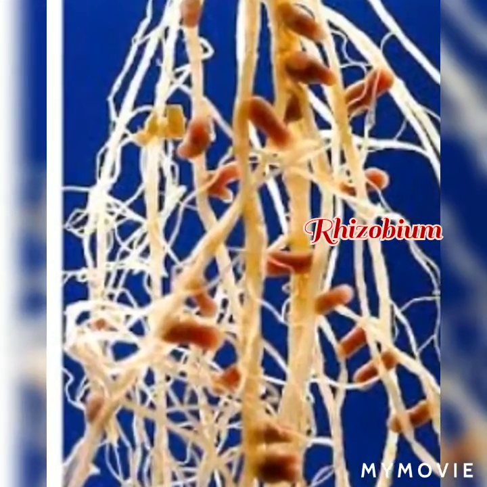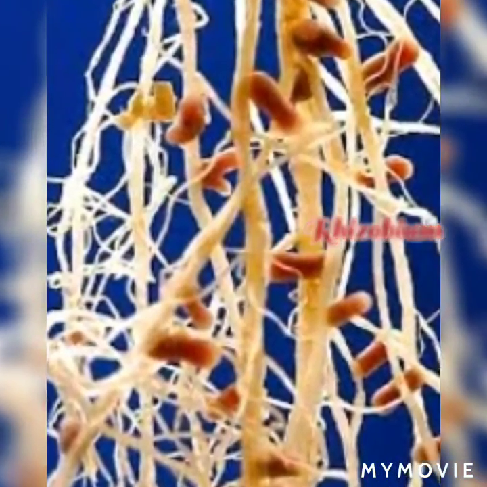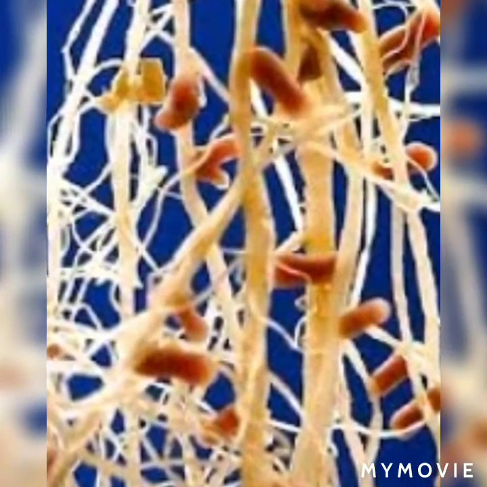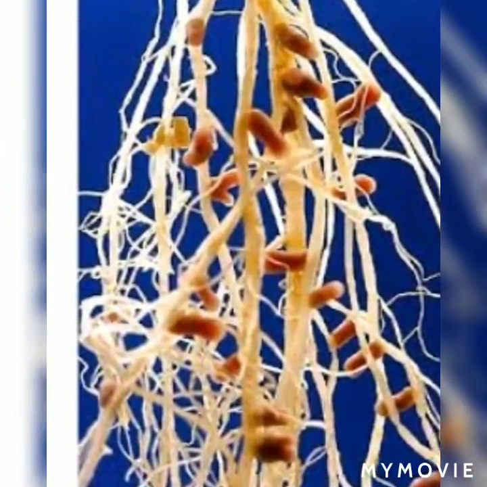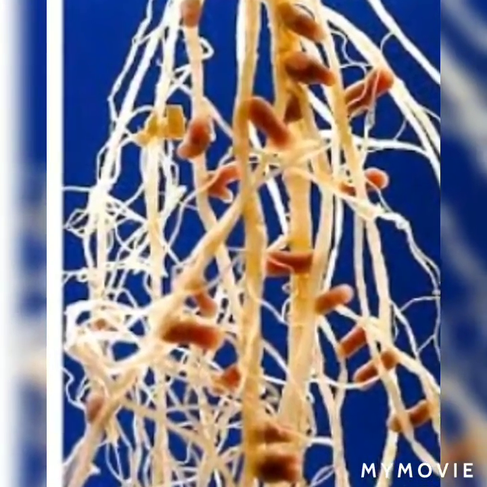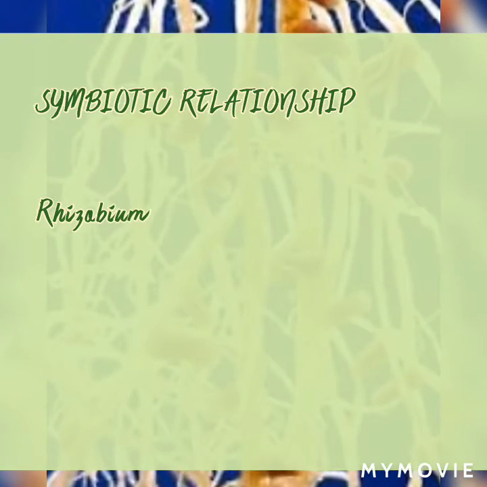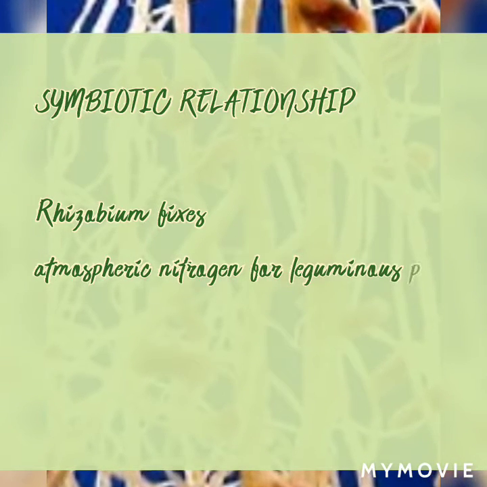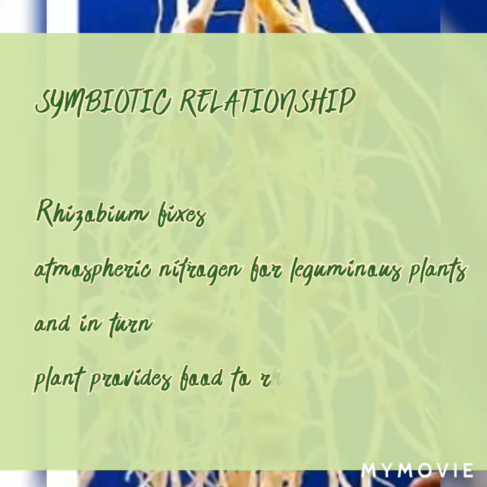So these rhizobium will fix the atmospheric nitrogen and make it available to the plants. This is called nitrogen fixation. It is a symbiotic relationship, that means they help each other. The plant will provide rhizobium with food and rhizobium will provide nitrogen to the plants.